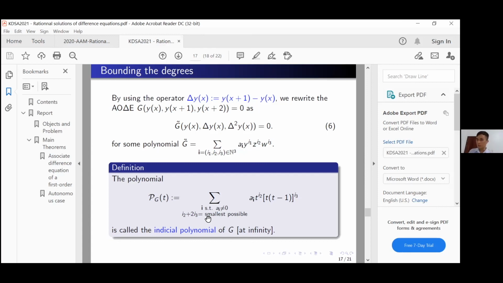Are you talking about changing the ground field from rational numbers to complex numbers? Yeah, I'm asking that while implementing the algorithm, say your difference equation or differential equation has finitely many transcendental constants appearing in the equation itself. Can you implement the algorithm?